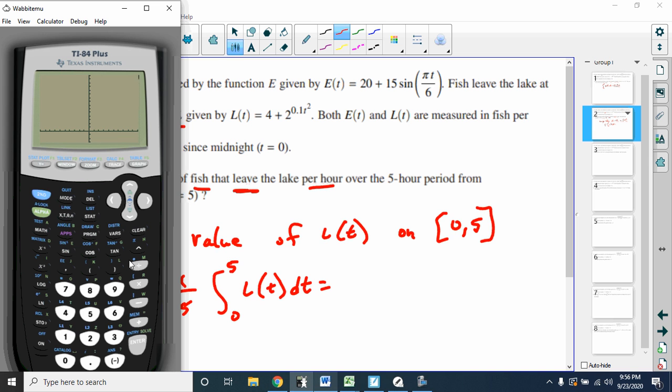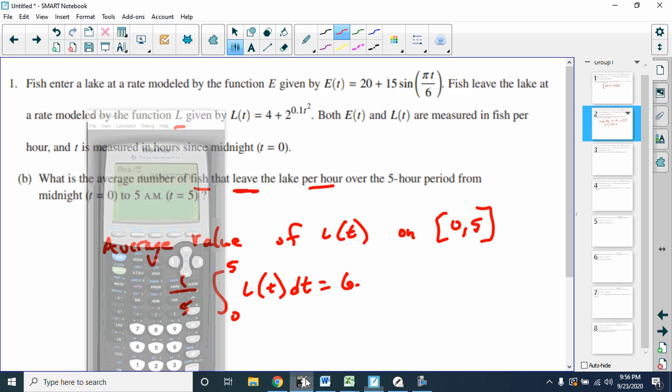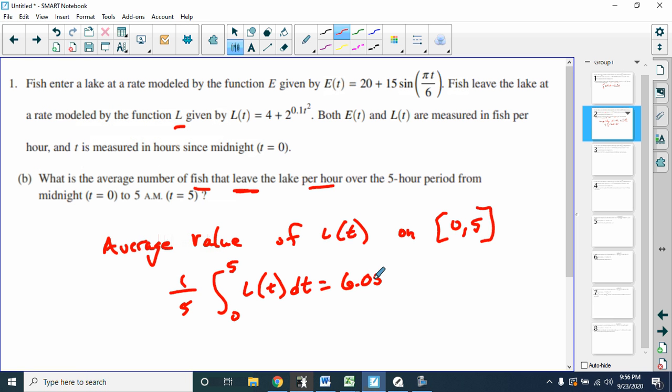Calculate the integral from 0 to 5, and then divide that by 5, times 1/5. 6.059 fish per hour.